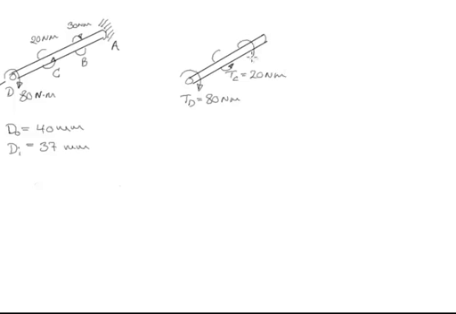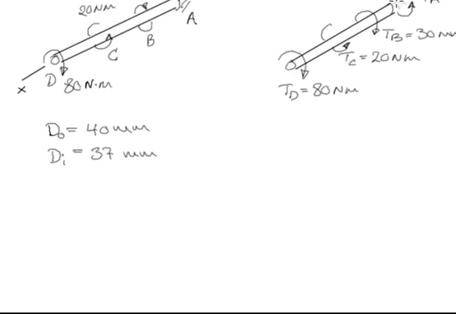We have a torsional moment at point B, equal to 30 Newton meters. And then we're going to apply a positive moment MA or TA at this point, which is the one we need to find.